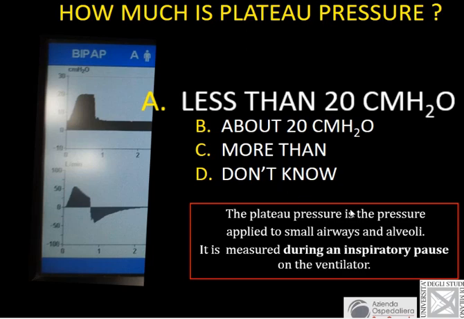Plateau pressure is the pressure measured during an inspiratory pause. And here there is no inspiratory pause. Here there is still a flow going from the ventilator to the patient. So by definition, the pressure in the alveoli cannot be the same pressure that you have in the ventilator.